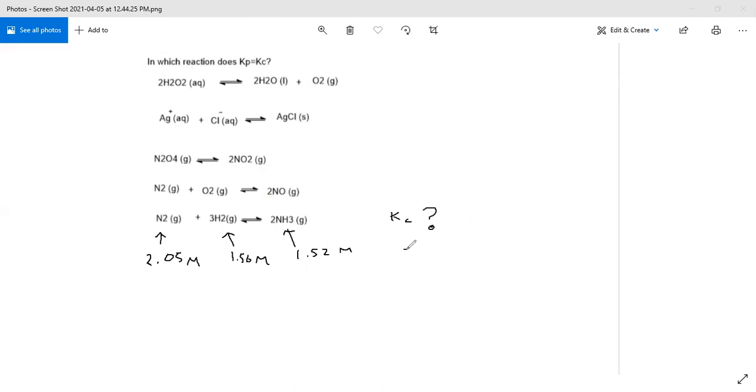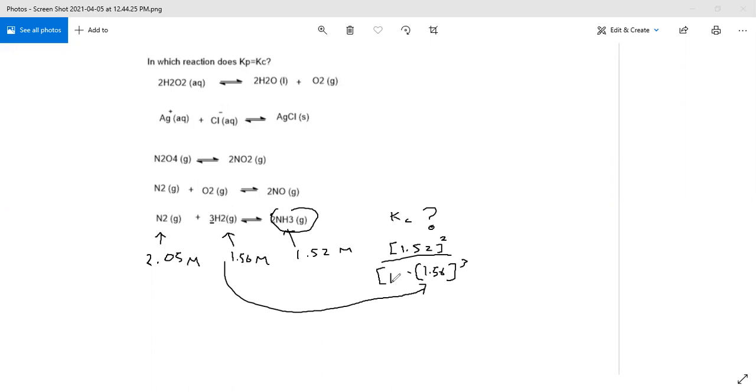To find Kc, we do concentrations of products over reactants. So our products in this case are going to be here. So let's just replace them: 1.52 raised to the 2 because there's 2 moles of NH3, over 1.56, which is going to be our H2, and it's raised to the power of 3 because there's 3 moles.